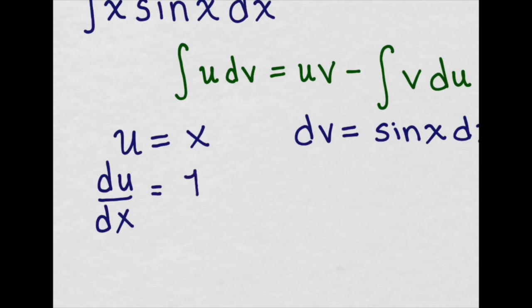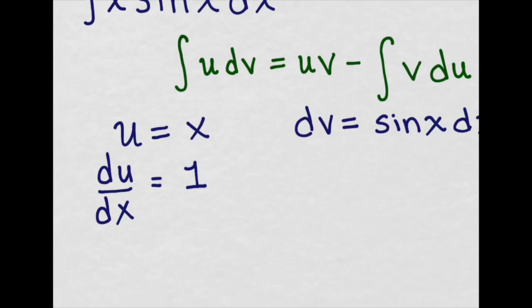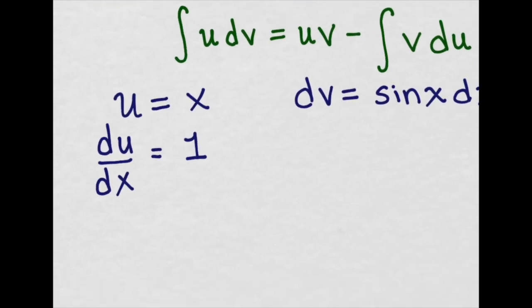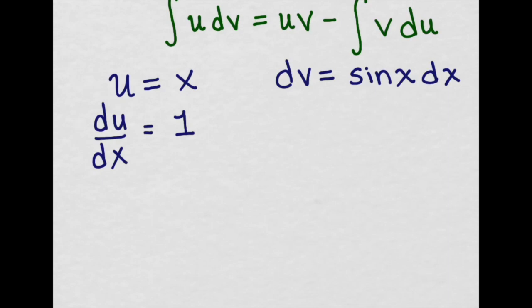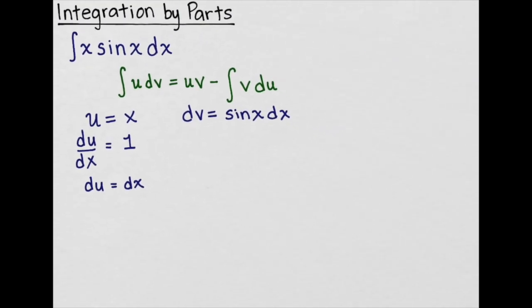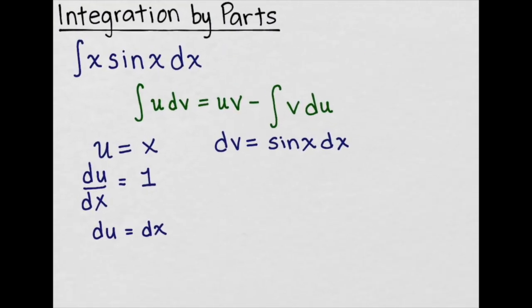That's 1. And for this technique, it's acceptable to multiply the left-hand side and the right-hand side by dx to get du equals dx. So I multiplied by dx on the left and dx on the right, which is not a mathematically rigorous operation, but it's all right for the technique of integration by parts.